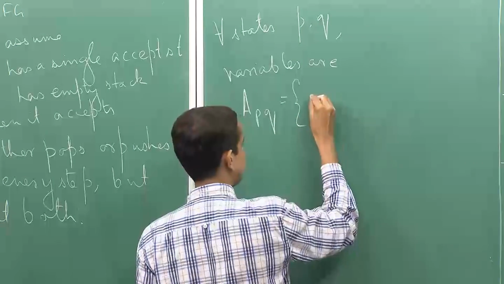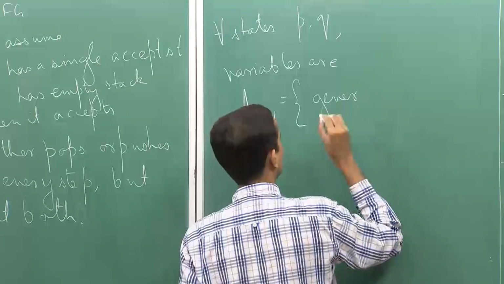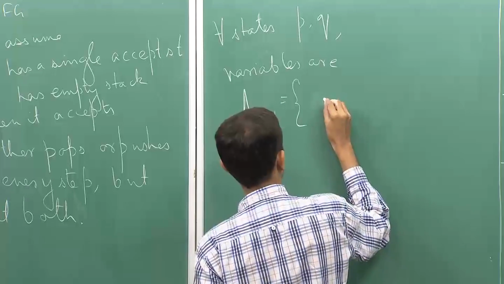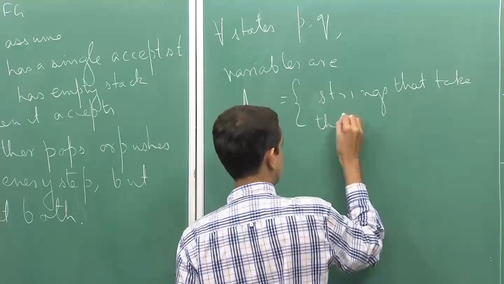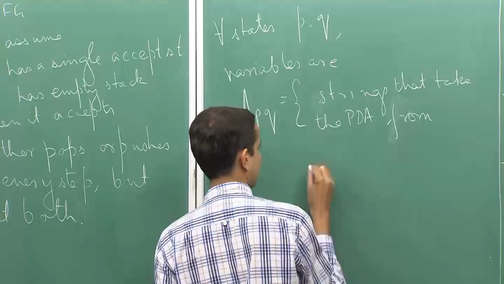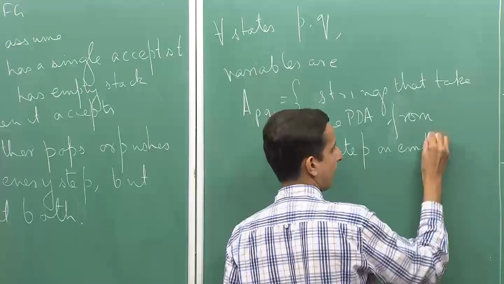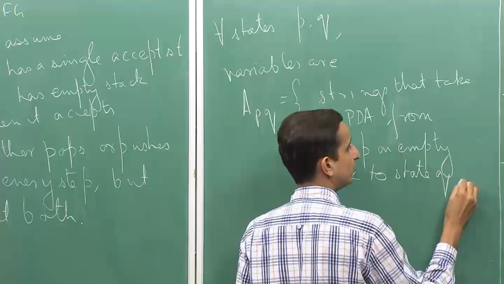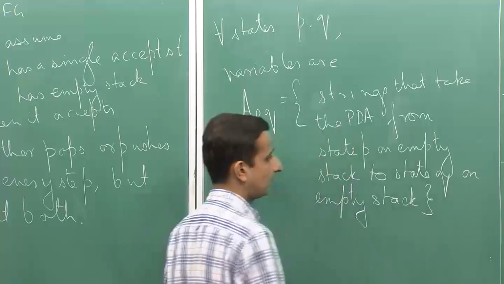So, A P Q will generate all strings that take the PDA from state P on empty stack to state Q on empty stack.